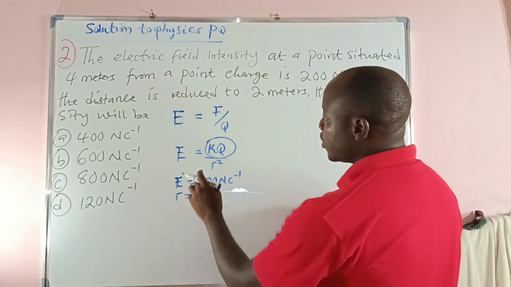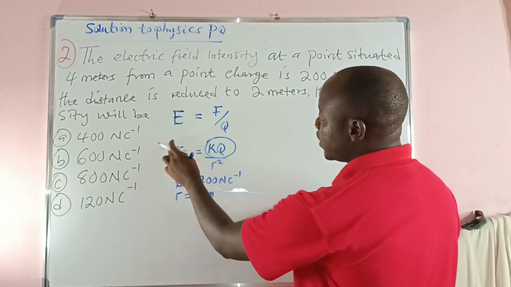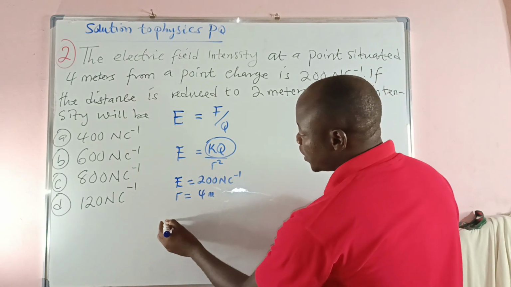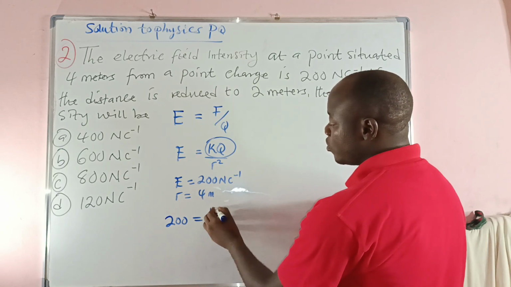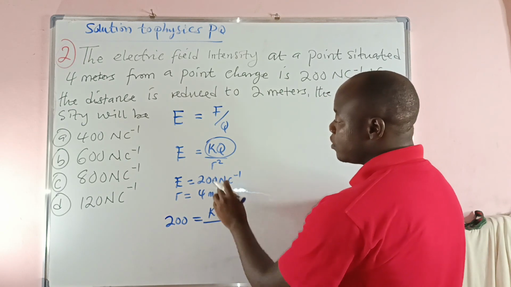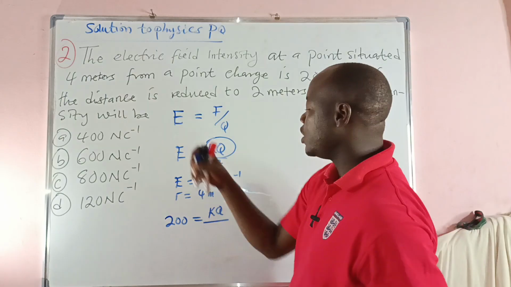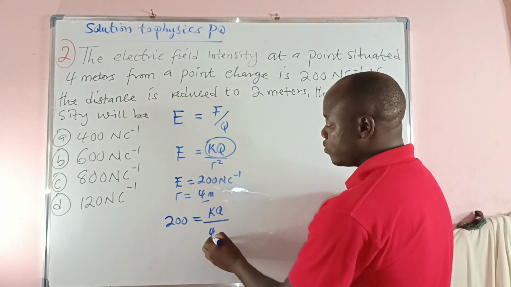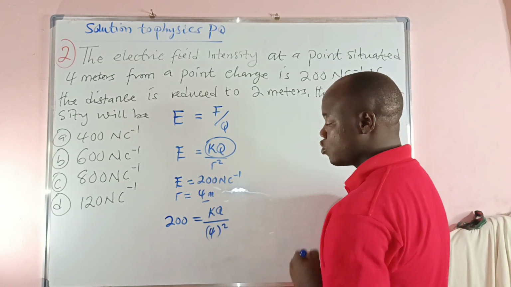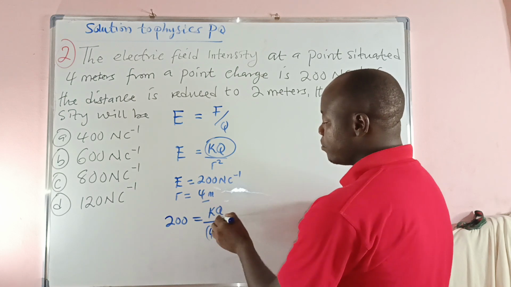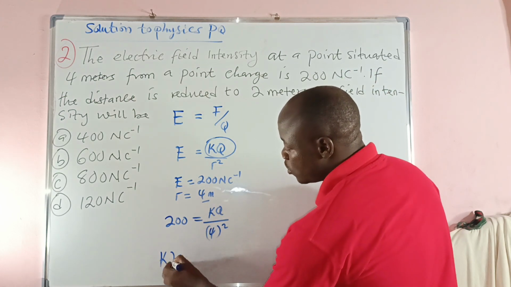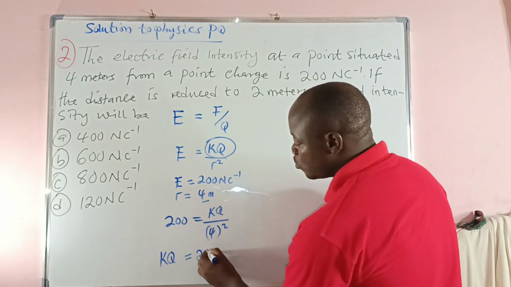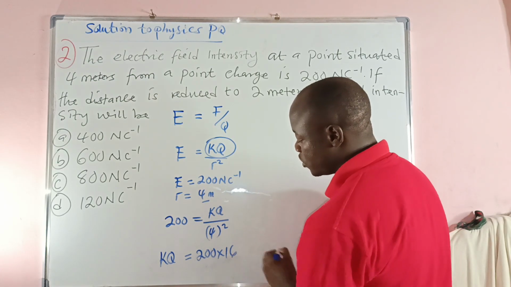Since we have E as 200, we can say we have 200 Newton per coulomb, and then we have KQ divided by R, which is 4 meters, so 4 meters squared. Therefore, we can make KQ the subject of the formula. KQ is equal to 200 times 16.